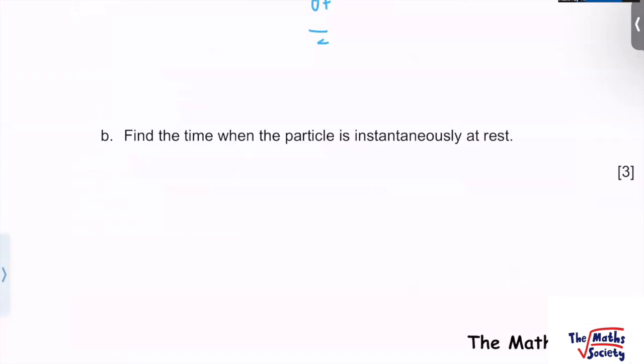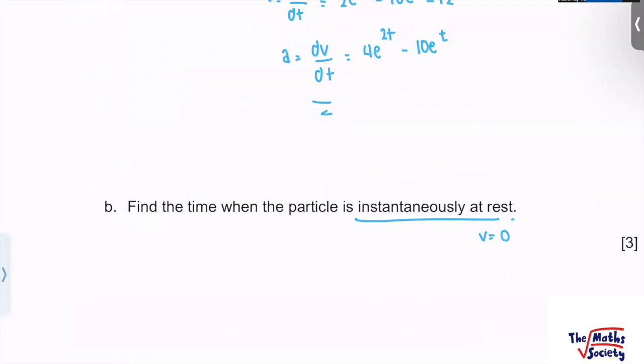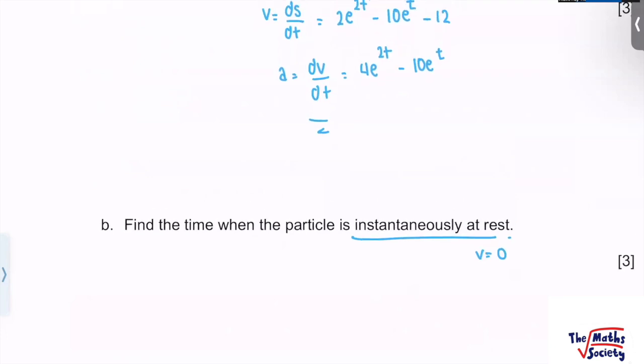Next, find the time when the particle is instantaneously at rest. So v is going to be 0. Here you have 2e power 2t minus 10e power t minus 12 equals 0.